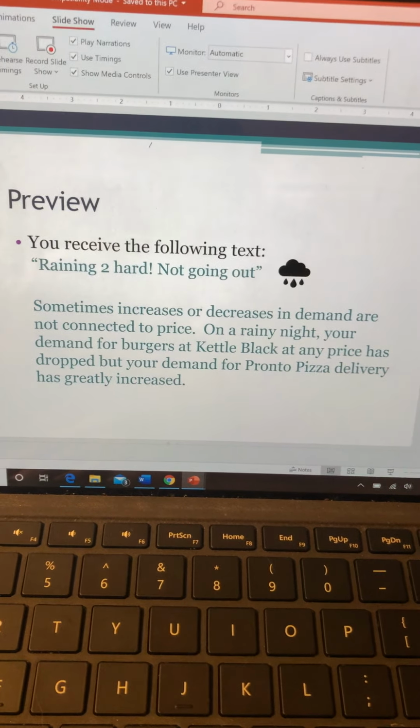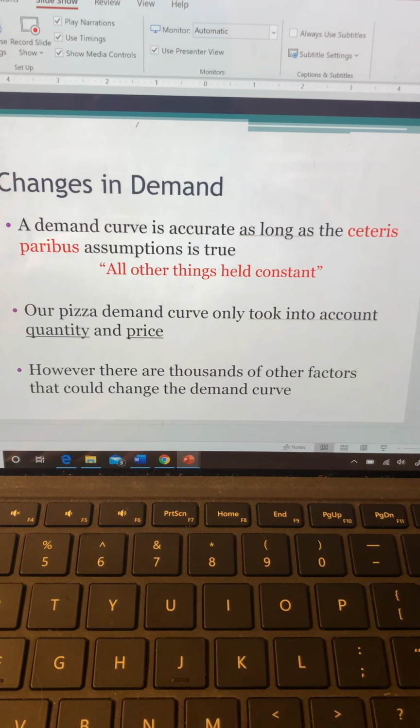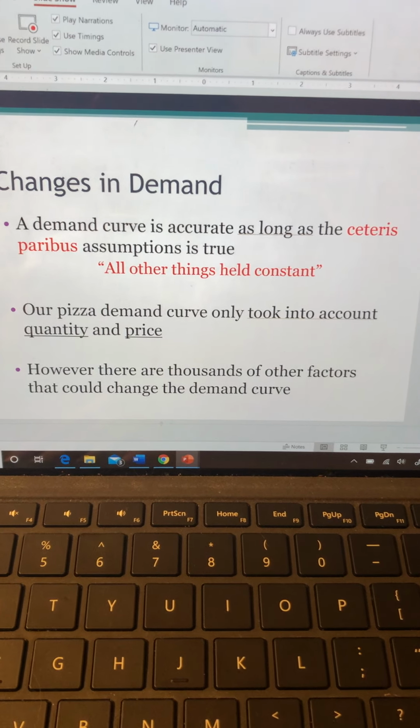So a demand curve, again, that we looked at in section 1, is accurate as long as the ceteris paribus assumption is true. And what ceteris paribus means is that all other things are held constant.